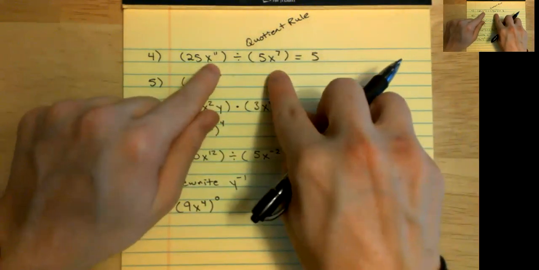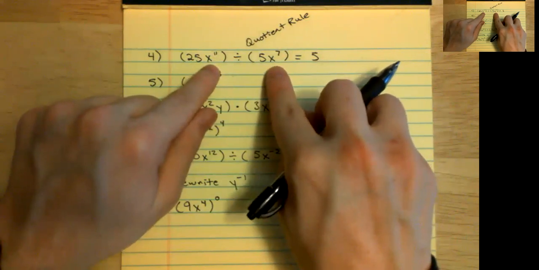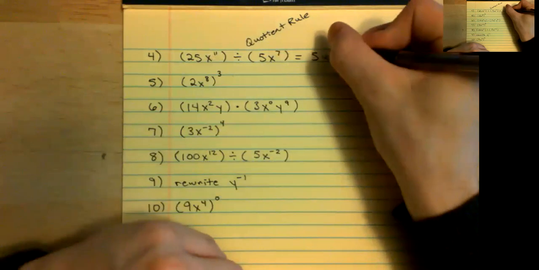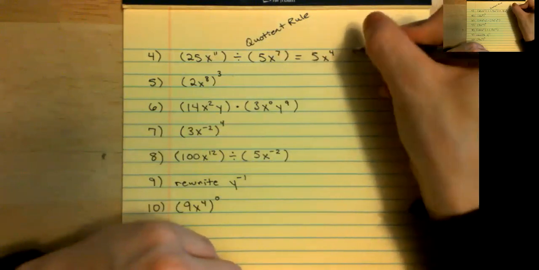When you get to the variables, you're going to want to subtract. So I have 11 minus 7. That's going to give me my x to the 4th power.